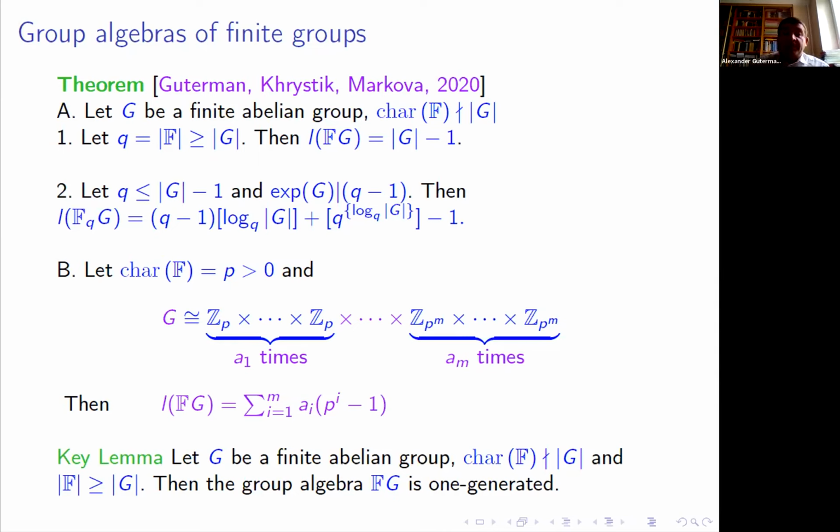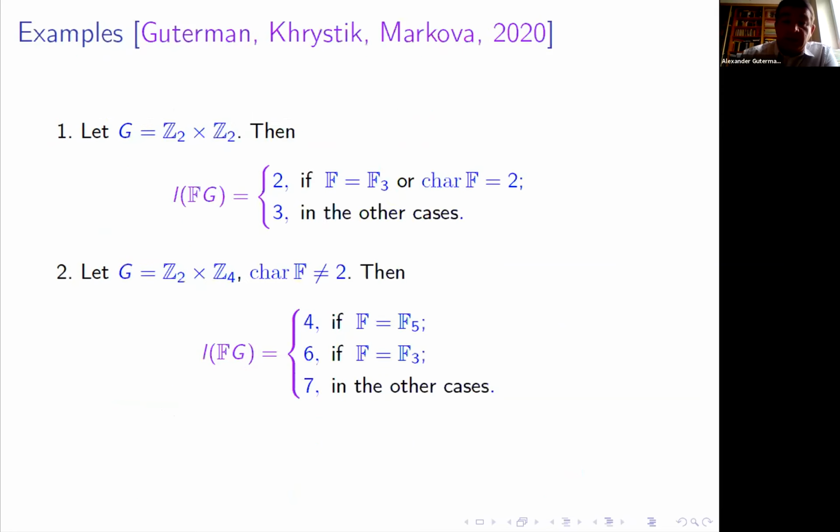But if the field is small, we have the following length, which is related to the previous bound, and in the modular case, where the characteristic is equal to p, we have the following computation for the length.